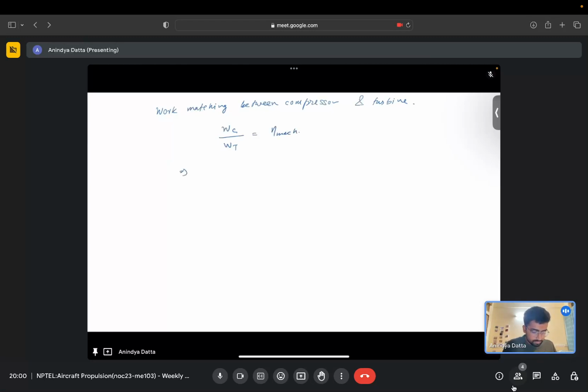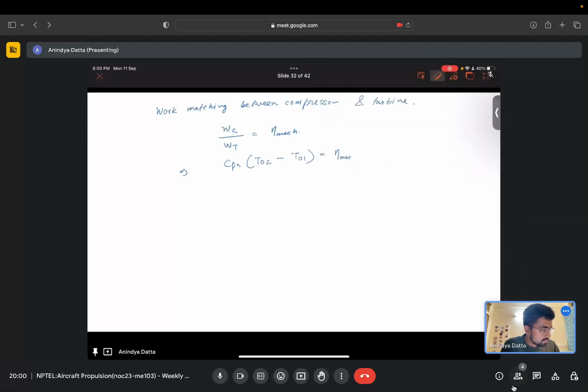So our compressor work is CPA times T02 minus T01. This is equal to eta mechanical times Cp of gas times the temperature difference across the turbine, that is T03 minus T04.